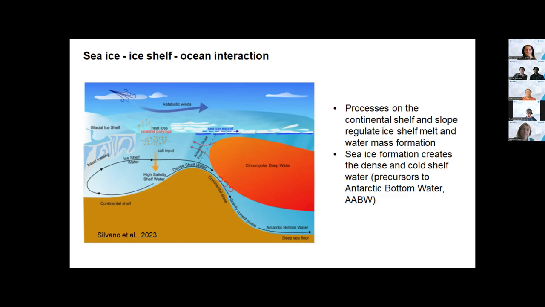The schematic here shows a simplified view of a cold continental shelf. We have cold winds blowing from the continent across the continental slope, leading to sea ice formation and a salt input into the ocean, which then creates the cold and dense water masses that prevail on the shelf.